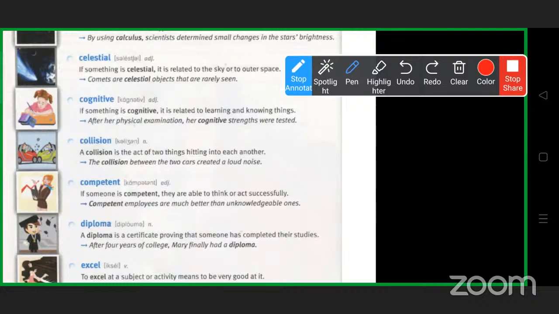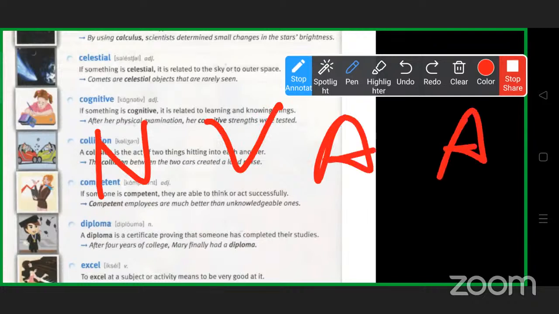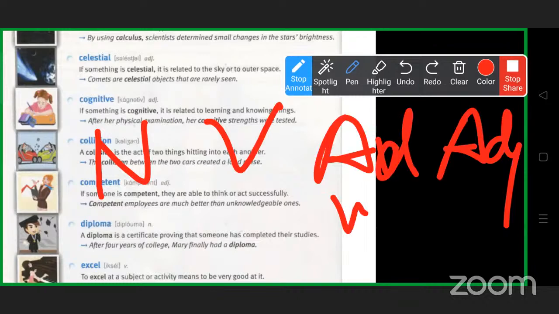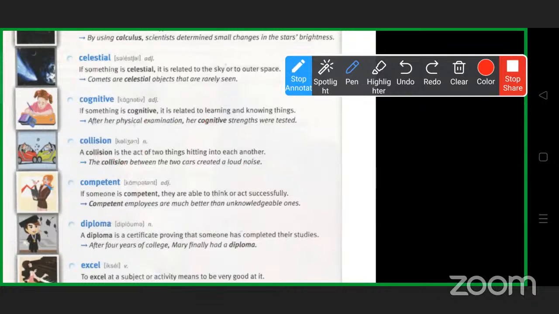When you see ive, you should know the form of the word, because from that you can find out the exact meaning. When you know the lexical word classes, like noun, verb, adjective, and adverb, you will be able to analyze how to find out the meaning of the word exactly. So cognitive is related to memory.